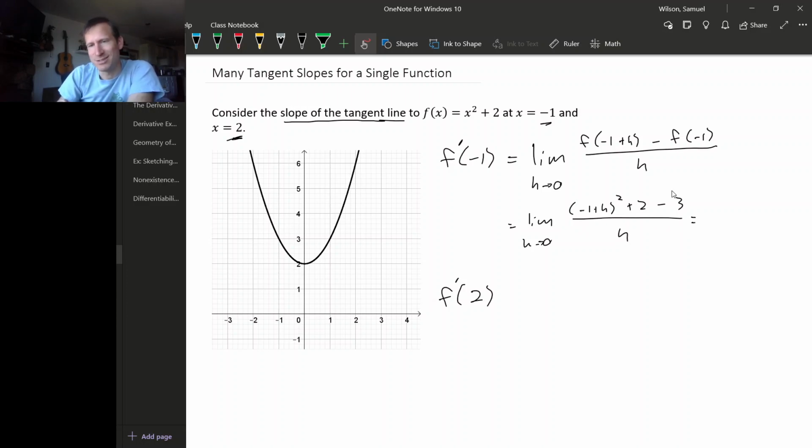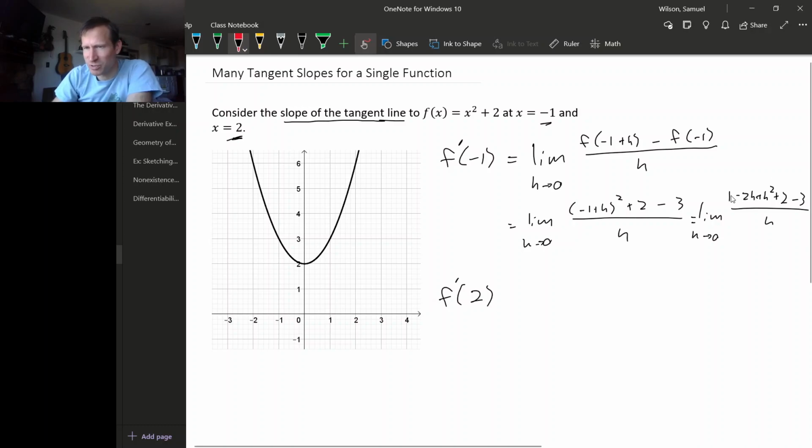And then do this whole calculation. So we're taking the limit, as h goes to 0, of minus 1 squared, so 1, and then minus 2h plus h squared plus 2 minus 3 all over h. And then we can simplify all this stuff as usual. So 1 plus 2 is 3, minus 3, those all cancel.